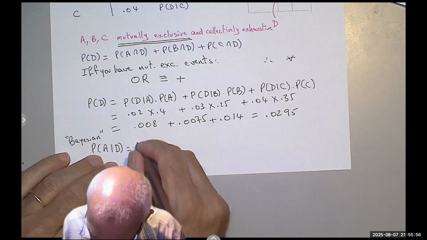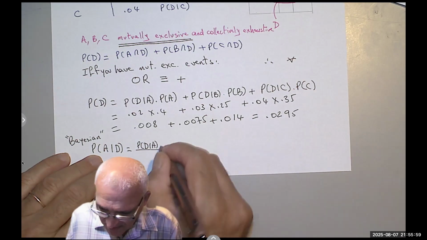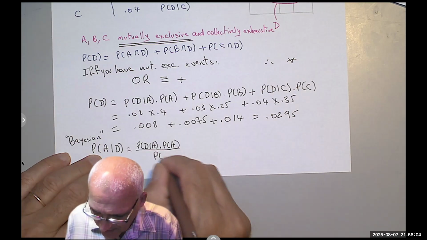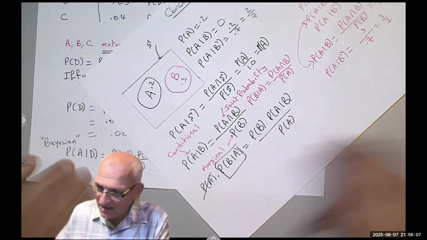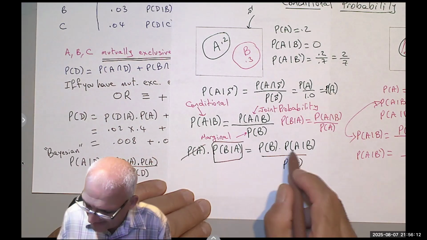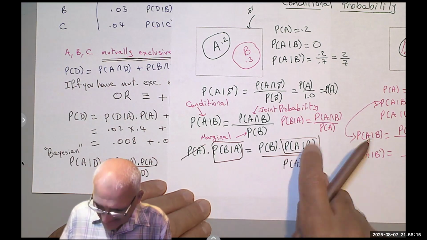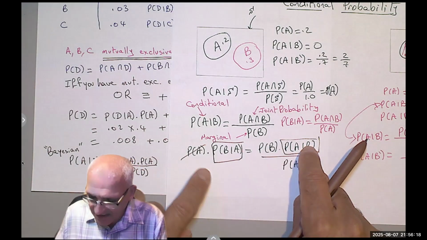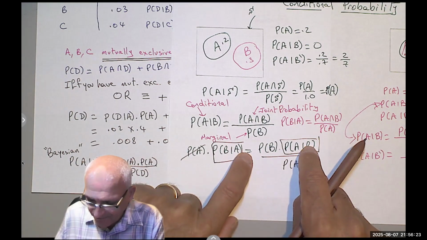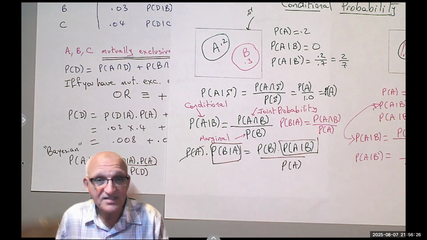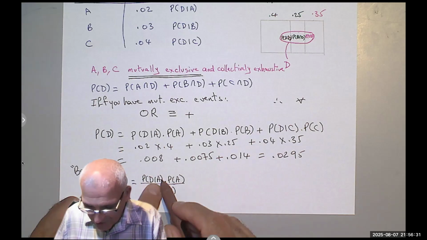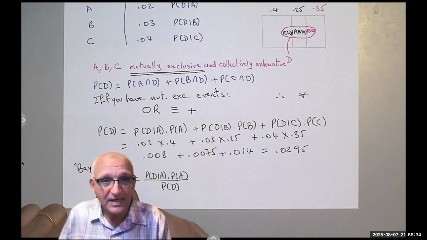You would say it's the probability of D given A times the probability of A divided by the probability of the defective. Now replace B by D. So if I want the probability of A given D, I would say it's the probability of A times the probability of D given A divided by the probability of D, which is that. So you invert those, multiply by the condition, which is P(A), and then divide by that condition.